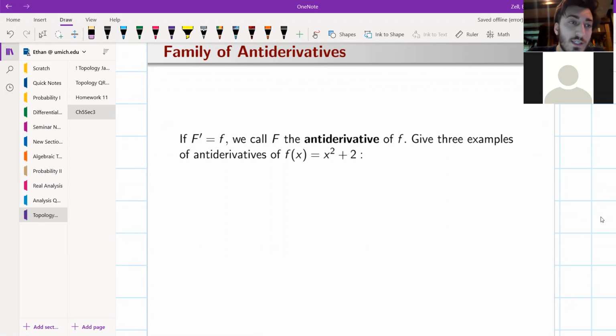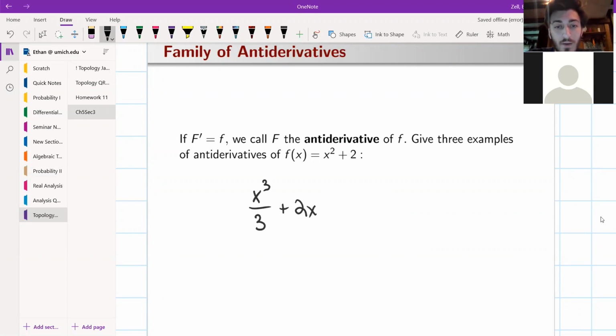To show you that these things are a family of functions, in other words, they're non-unique, I'm going to give you three examples of antiderivatives of this function. Okay, so I know that the antiderivative of x squared is x cubed over 3, and the antiderivative of 2 is 2x.